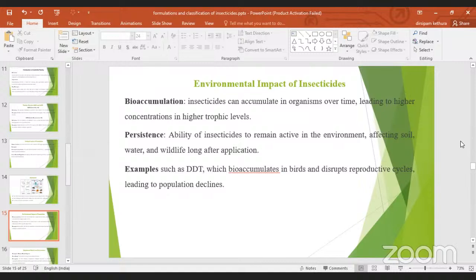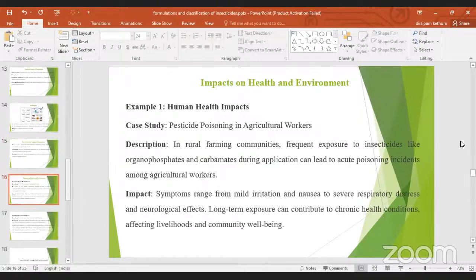And persistence, ability of insecticides to remain active in the environment, affecting soil, water, and wildlife long after application. Examples are DDT, which bioaccumulates in birds and disrupts reproductive cycles, leading to population declines. Okay, we are damaging the biodiversity or the ecosystem. Okay, this is about the impact of insecticides on environment.